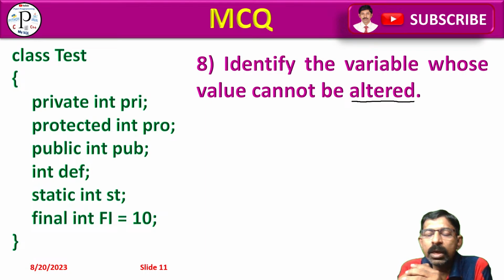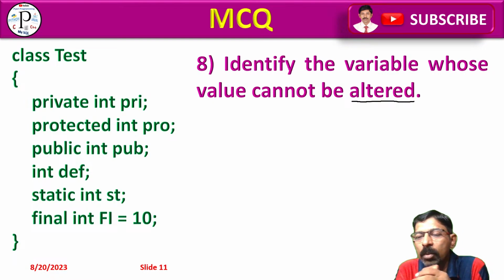It is emphasizing, Ishan, on both things: available to the base class and not available to the derived class. Public is available in both base and derived, so that's why it is not included. Private is not available to the derived class. Private is available to its own class, but the rest of the things are available to both.